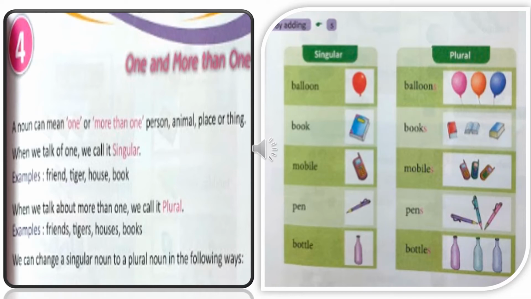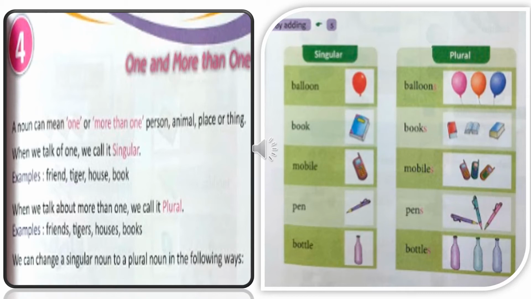For example, friend, tiger, house and book. But when we talk about more than one, we call it plural, which means multiple things. For example, friends, tigers, houses, books.